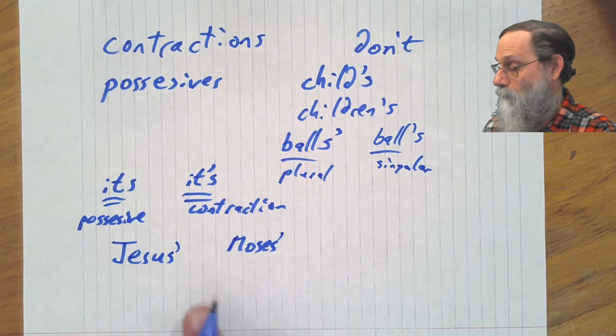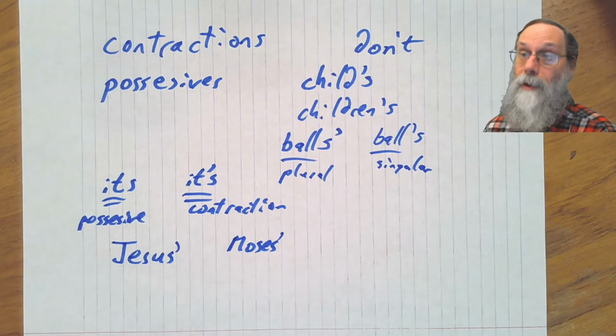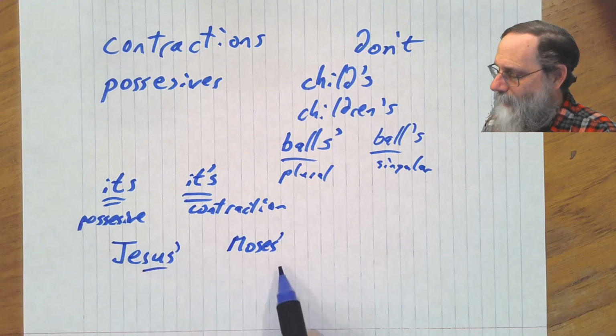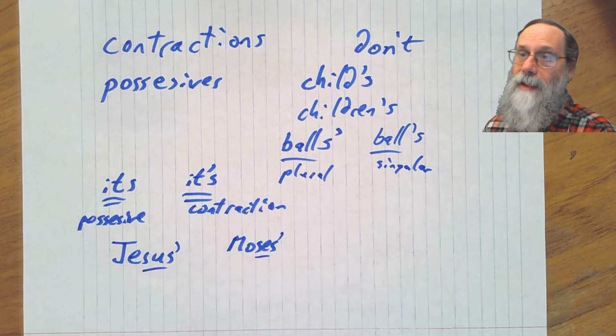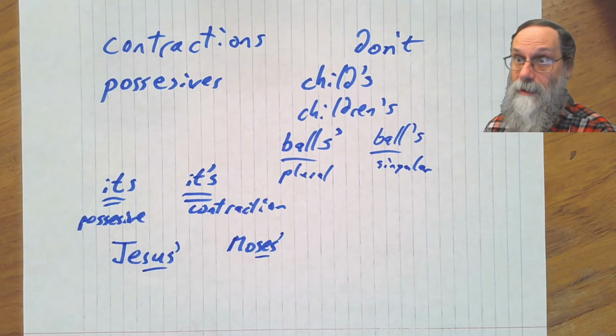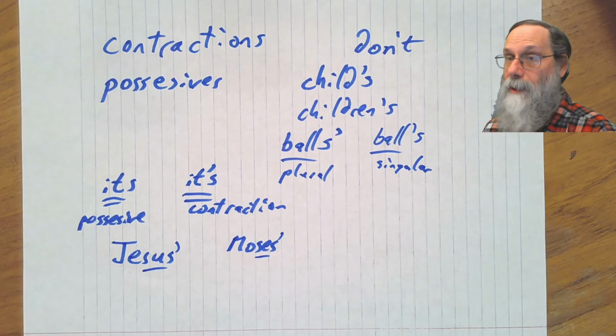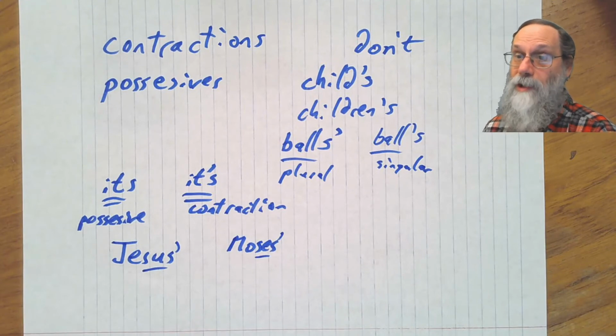There's no extra apostrophe, no extra S after the apostrophe. This rule is kind of phonetically based, and it's based on the word ending with z's. So Jesus, Moses, because if you tried to put the apostrophe S on the end, you'd get Jesus's and Moses's, which are a little bit awkward to say, so you just have the apostrophe.